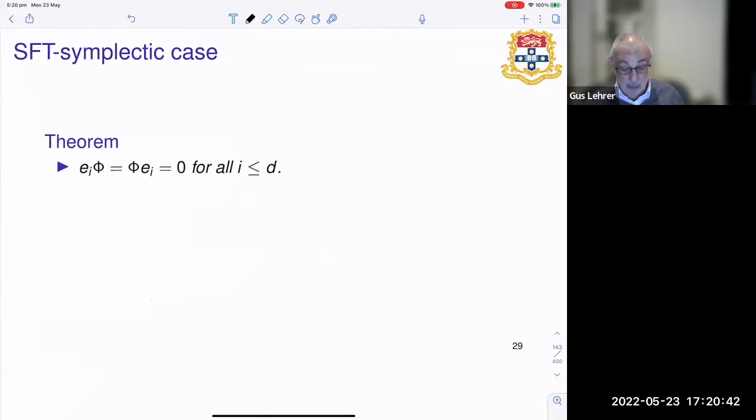And now the properties of this phi are as follows. First of all, if you have this phi here, you write it like this. Then if you put a loop on it, either above or below, you get 0. It is a quasi-idempotent. So if you divide it by D plus 1 factorial, it becomes an idempotent.